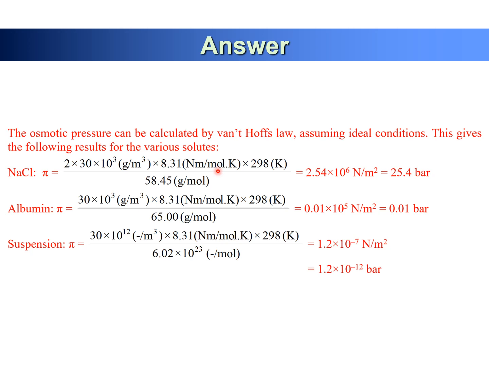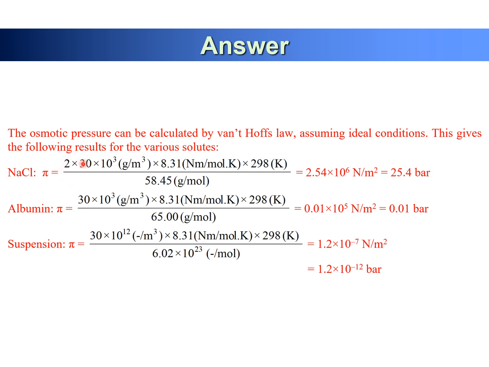However, you have to be a little bit careful with the dissociated solute. We have two here. When you put sodium chloride in water, it changes to ionized form, sodium cation and chloride anion, so we have two species that will affect this osmotic pressure.